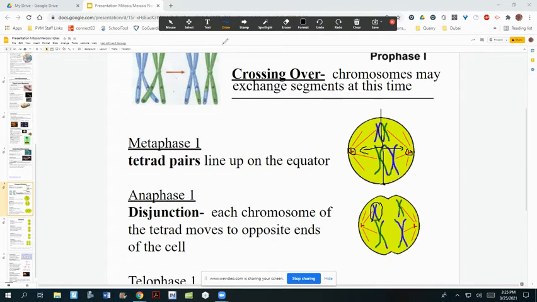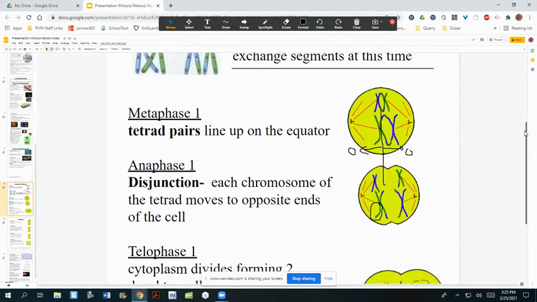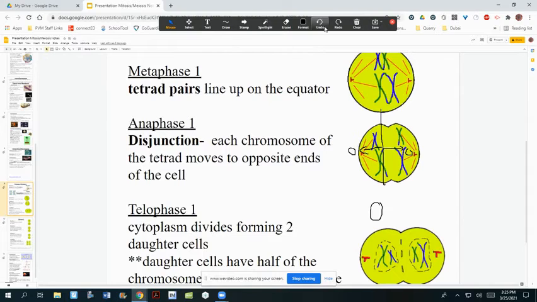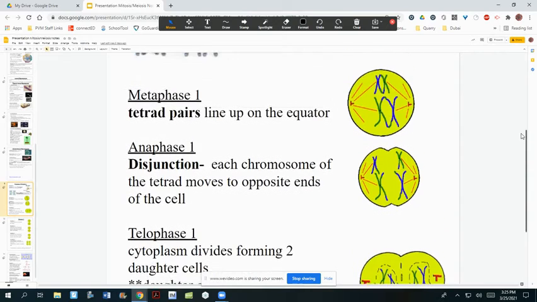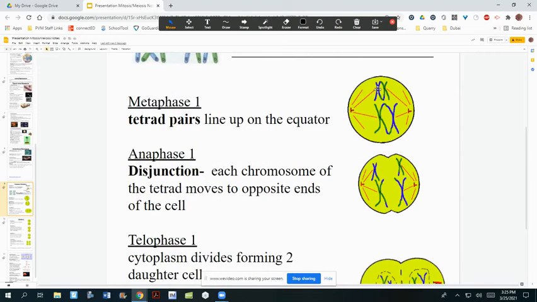And that's anaphase 1. All of the phases in meiosis 1 are going to be labeled with a 1 because it's part of the first division. So the tetrads are the 4 copies that are lined up together.